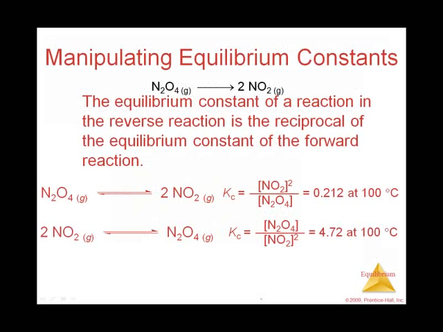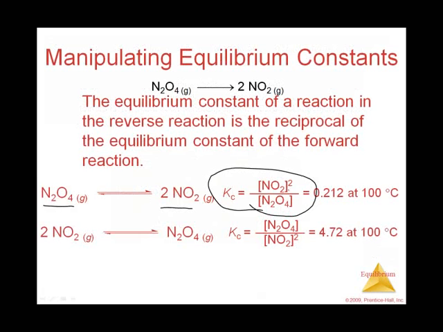Okay, so we can manipulate equilibrium constants in 3 ways, and let's talk about all 3. The first one is, here we have this equation, right? The equilibrium constant of a reaction in the reverse order is the reciprocal of the equation in the forward reaction. And that makes sense if we consider this, right? So I start with N2O4, make 2NO2. This would be my equilibrium expression, right?